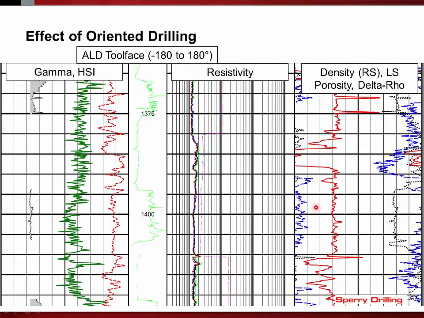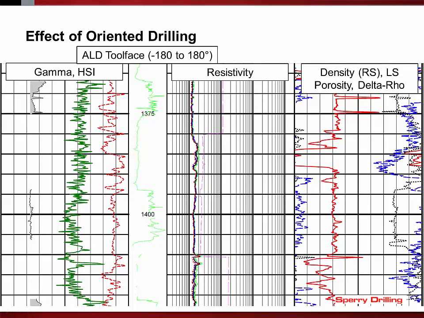In this case, what we're looking at is the interval where we're sliding here. So this orientation from the ALD tool face suggests that we're roughly minus 90 degrees or so. What that means is 90 degrees anti-clockwise from the high side. So to the left side, the tool is facing kind of the left side of the hole.